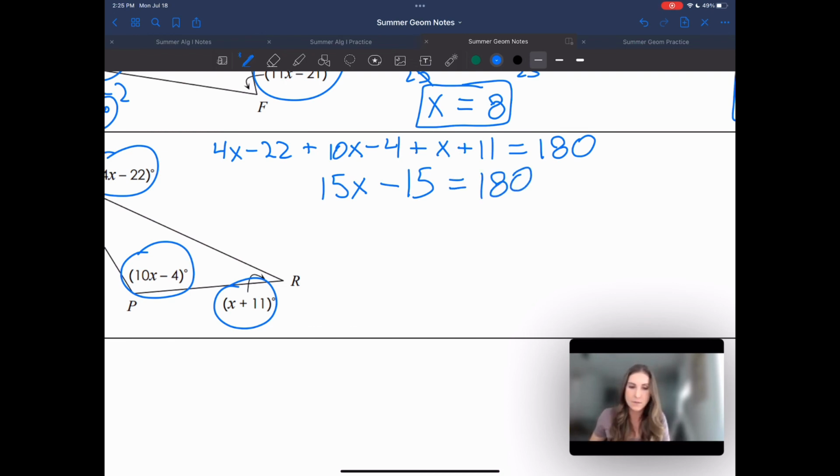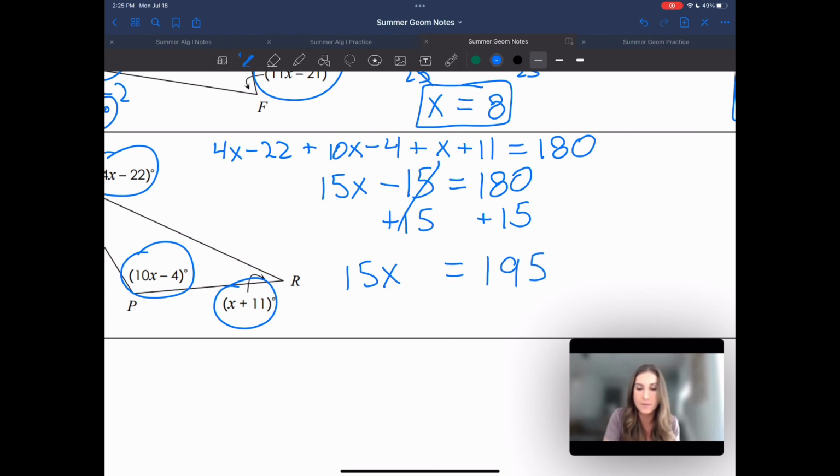Okay, let's keep solving from there. So now we're gonna add our 15 to both sides, obviously. You guys have done a million problems like this now. So we get 195, and then divide by 15 on both sides. We get x equals, let's see, 195 divided by 15, goes in evenly, we get x equals 13.